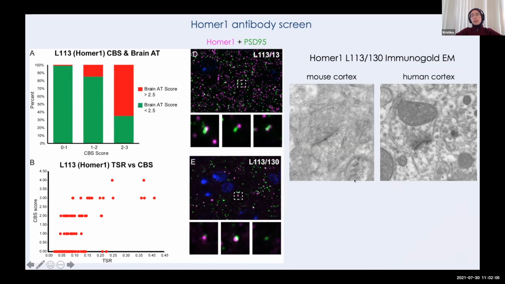And then similarly to Gephyrin, we applied it afterwards for immunogold labeling on Lowicryl embedded tissue, and it works both in the mouse cortex, here's the postsynaptic density and some gold, and also on human tissue.